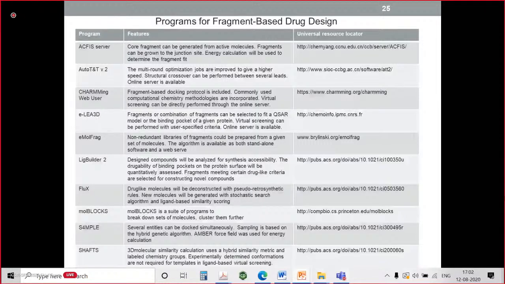So different programs are available for fragment-based drug design, and they are helpful in finding the lead molecule using the easiest computer-based approach. Later, once we identify the hit and hit to lead, the experimental studies can be carried out.